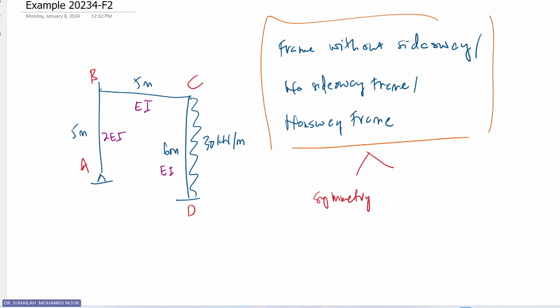For a frame without side sway, we will consider the frame there is no movement, no side sway, whenever the frame is symmetry due to loading and geometry. If it is unsymmetry, it means the frame tends to move sideway.